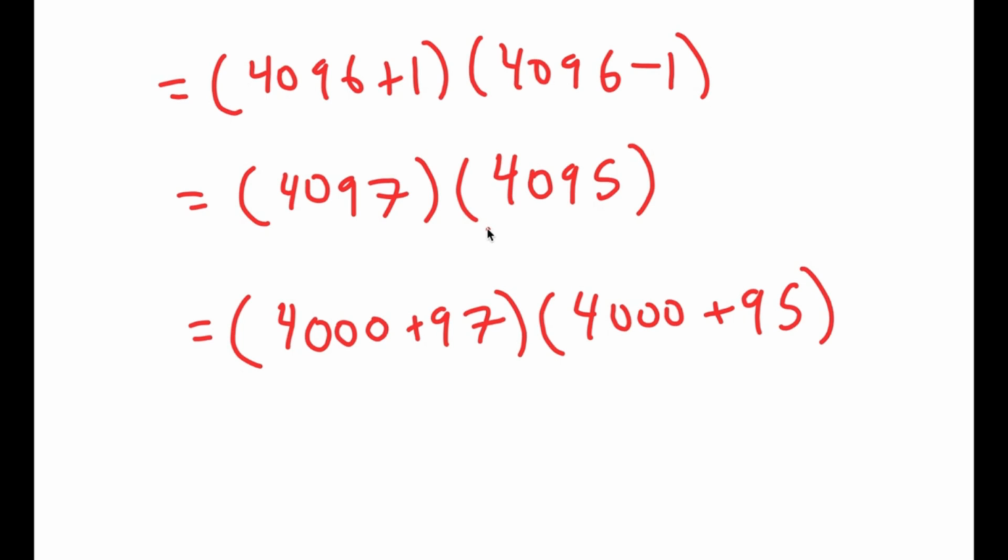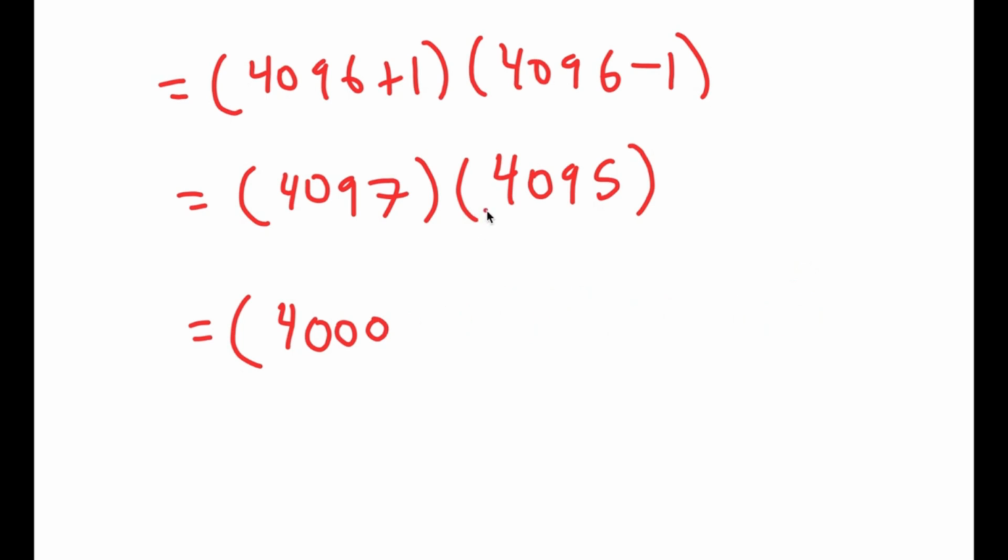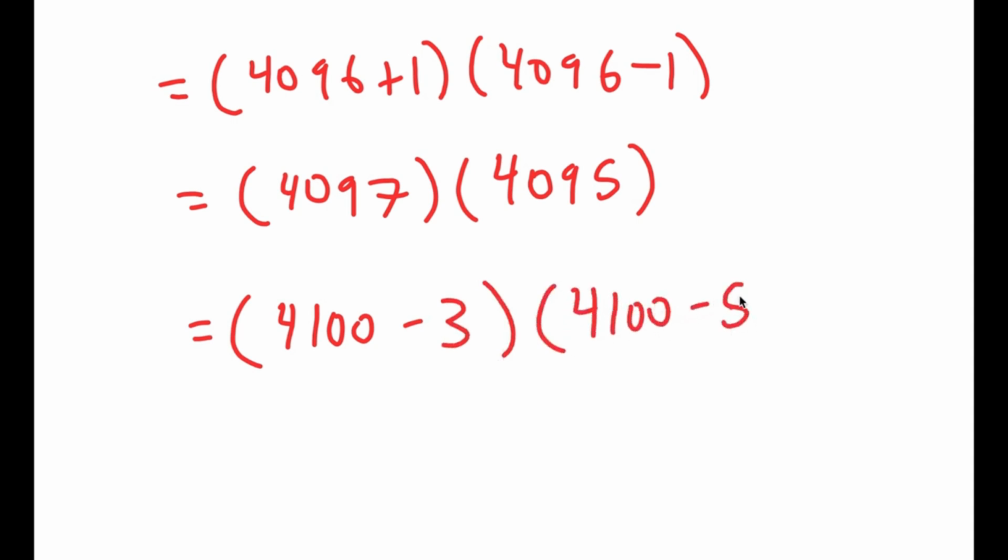Or what I can also do, which is an easier method, is to rewrite 4,097 as 4,100 minus 3 times 4,100 minus 5. And this is also another way to rewrite this, this time using subtraction instead of addition. But now, notice how we have 3 times 5, which is much easier to solve than 97 times 95.